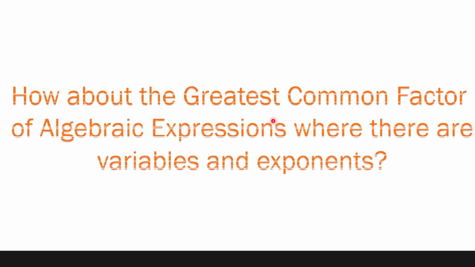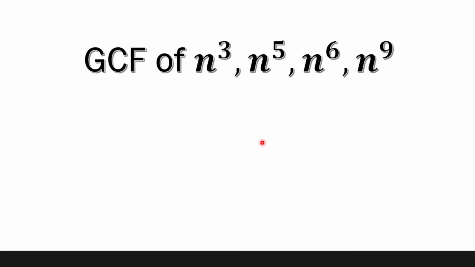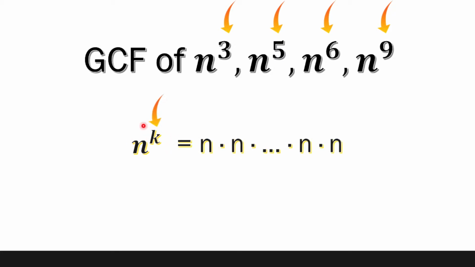Next, how about the greatest common factor of algebraic expressions where there are variables and exponents? May variables na and exponents. So let's say for example, find the greatest common factor of n cubed, n raised to 5, n raised to 6, and n raised to 9. So remember, if we have n raised to k, tandaan nyo si k, yan ang palatandaan kung ilang beses natin i-multiply yung ating number sa sarili niya.